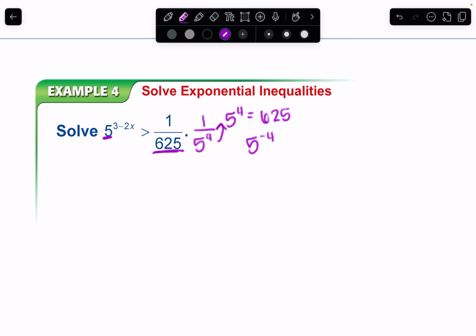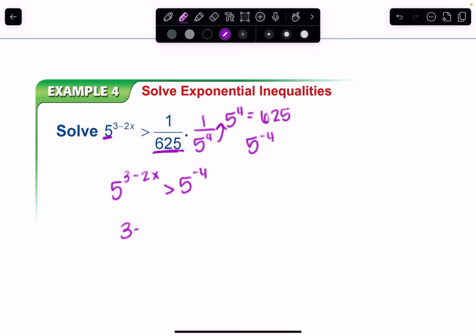However, in this case, I do want a negative exponent because I'm trying to get the same base number. So my new problem that I'm working with is 5 to the power of 3 minus 2x is greater than 5 to the negative 4th power. So similar to the other questions we did with this, now that I have the same base, I'm not really worried about my bases. My bases are going to cancel out.